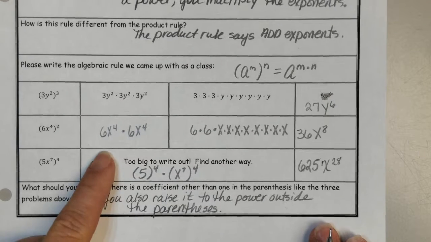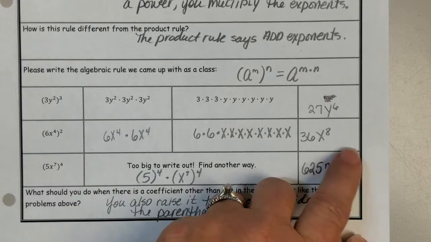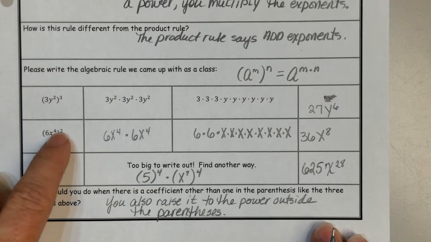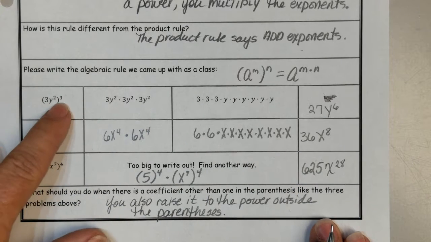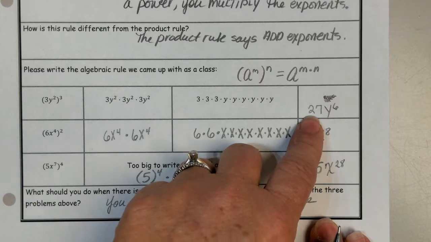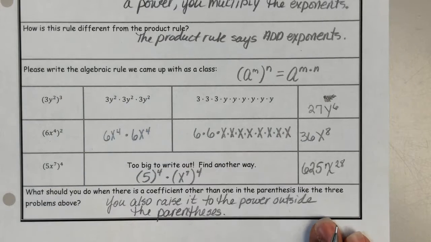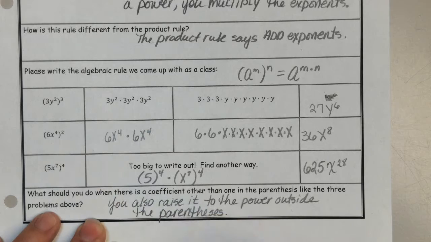So see, if we had done these this way, if we had done 6 squared, that's 36, and then x to the 4th squared is x to the 4 times 2, which is 8. Look at this one. 3 cubed, if we type it in our calculator, is 27, and y squared to the 3rd power is 2 times 3, y to the 6. So you're not going to write all this out for your homework. Just learn to use your calculator, and you'll get these right every time.